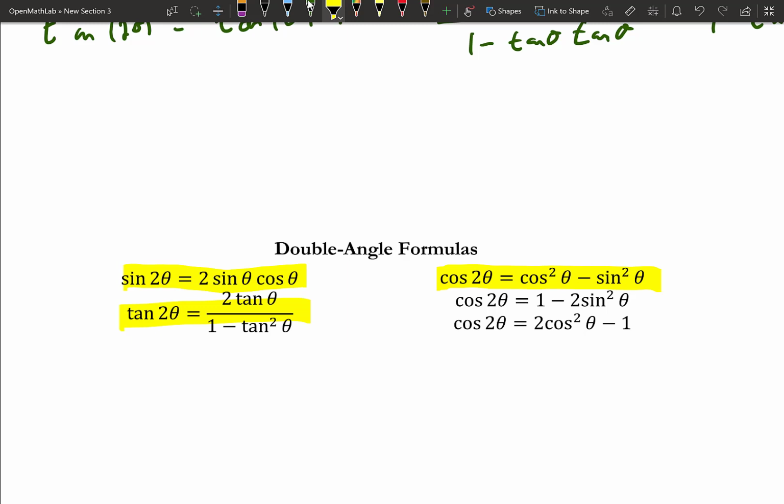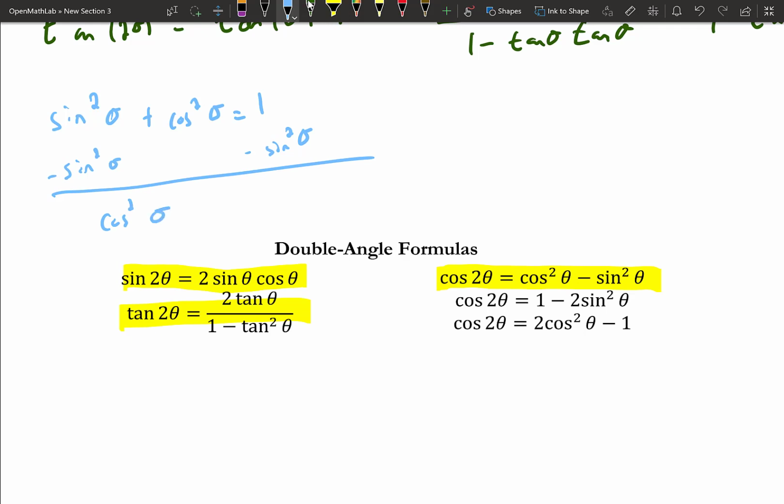If you want to see where those come from, start with the Pythagorean identity, sine squared theta plus cosine squared theta equals 1. I can subtract sine squared from both sides, and that leaves me with cosine squared theta equals 1 minus sine squared theta.